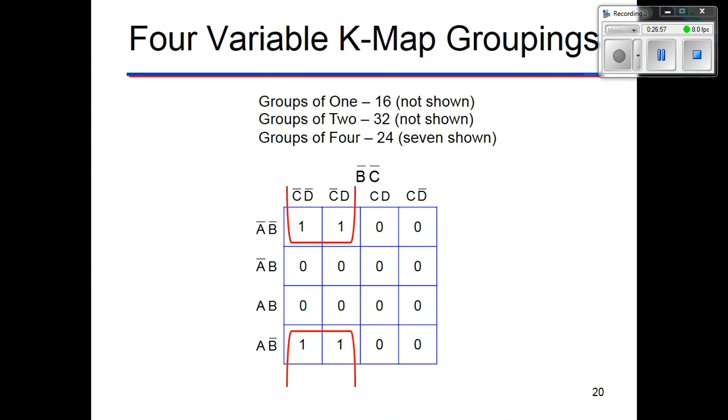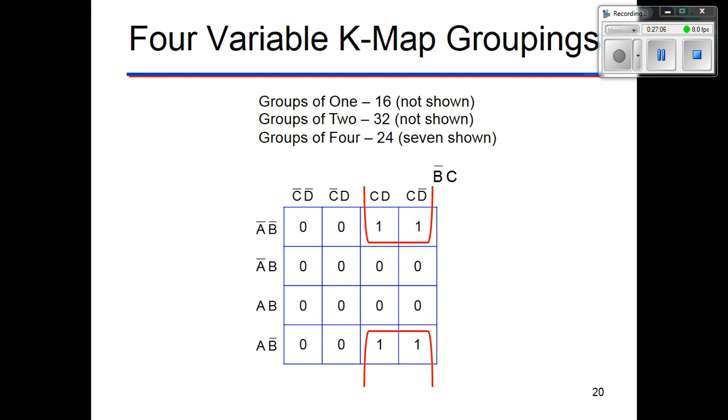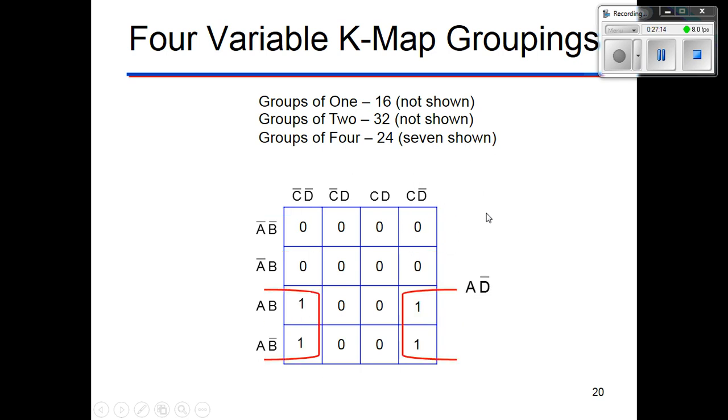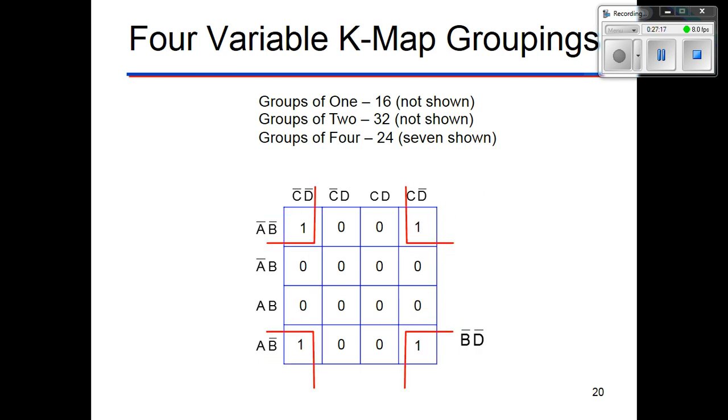So remember, the top edge and the bottom edge can be glued together and it becomes a cylinder. So this is a group of 4. So is this and this. It can also be glued sideways. You can glue your left edge to your right edge. So all of these are groups of 4. Now, the K-map is a very, very strange concept, because when you have the corners like this, it is also a group of 4.